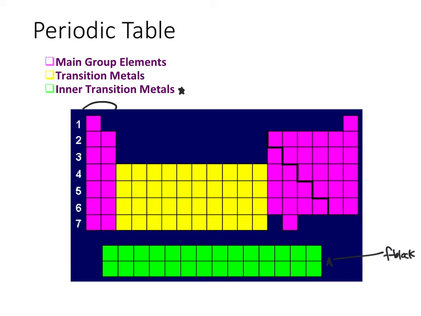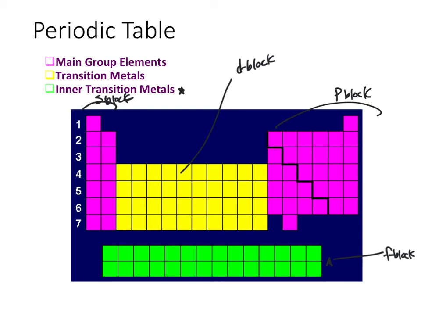We have main group elements, and as you can see, this is going to be S and P block. And then we have the D block, which is known as the transition metals or transition elements. So these are just other ways of referring to particular locations or places on the periodic table.